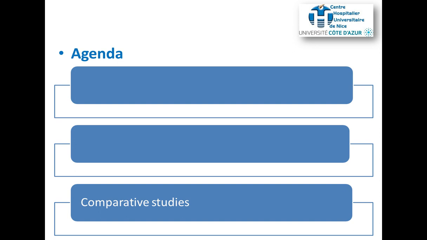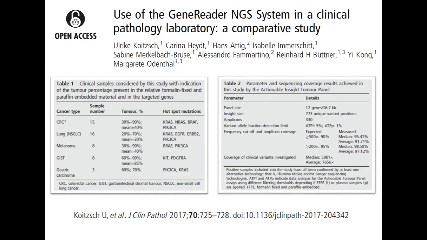So for better evaluating the GeneReader NGS system, different comparative studies have been recently published, and I decided now to select a couple of them. The first publication, made by some investigators of the Institute of Pathology in Cologne, Germany, was set up in order to compare the GeneReader and an alternative in-house NGS platform based on the Illumina MiSeq.